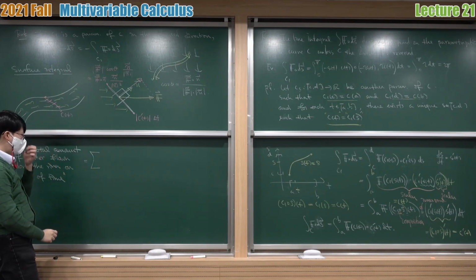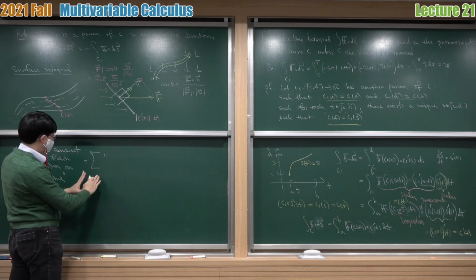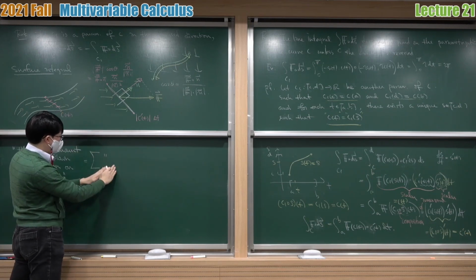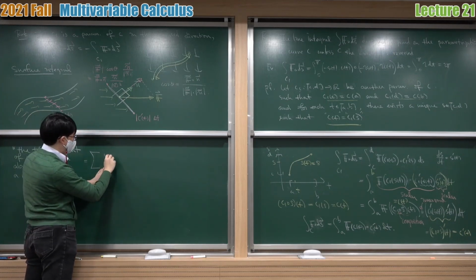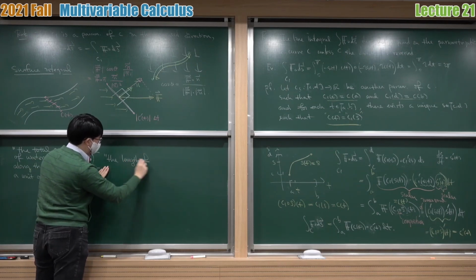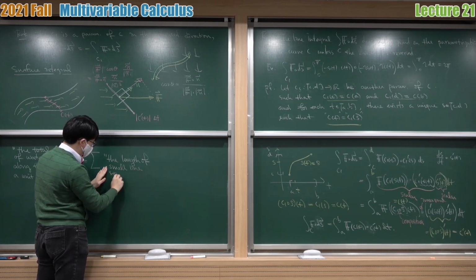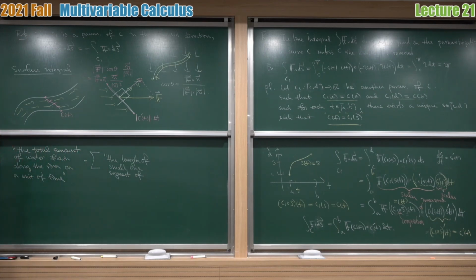So what you have to do is take the small amount of water flown along this small line segment, and then sum those all up. So first, you take the length of small line segments of what would be a good name for this thing?